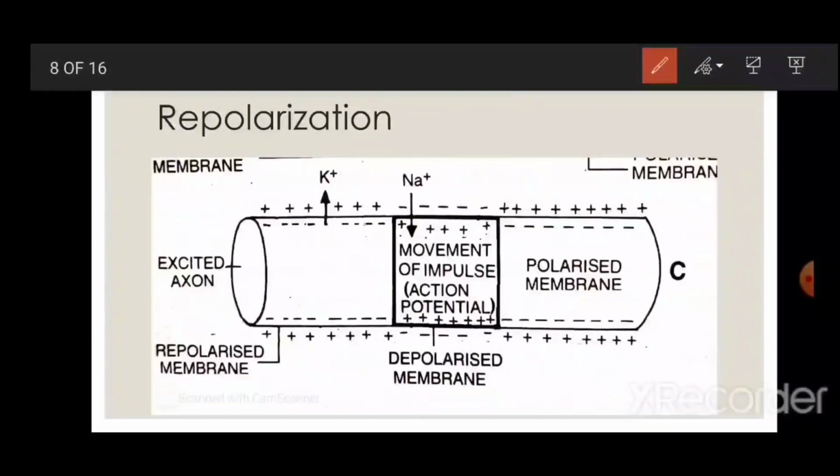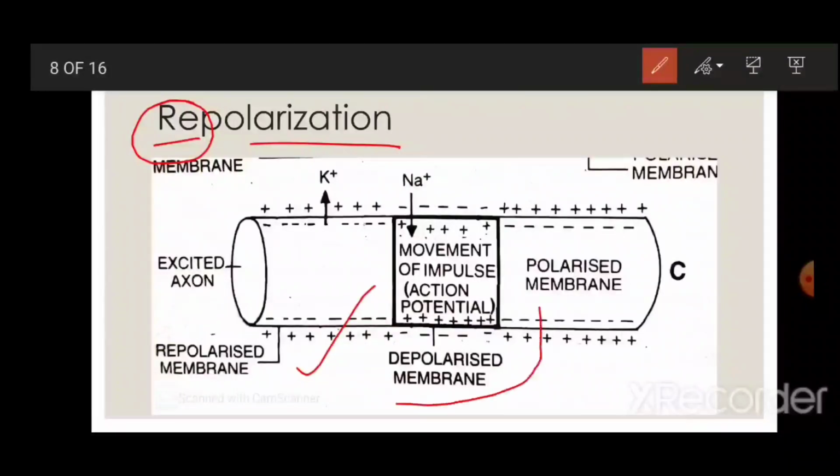The voltage gated potassium channel opens and a large amount of potassium ions move from inside to the outside, leading to the change in polarity back to the original polarity as we have seen in the resting condition. The polarity is reversed. That's why it is called repolarization. The membrane is again in the polarized state.